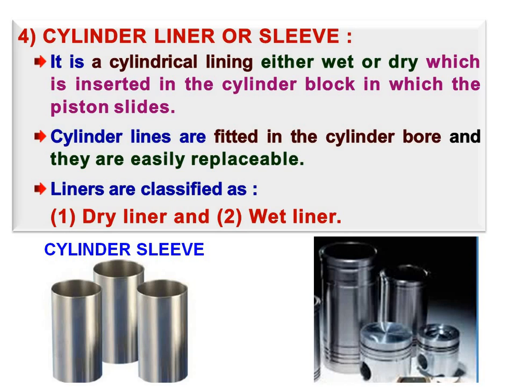So if our engine is a 4-cylinder 4-stroke engine, then there may be 4 cylinder bores, and in the 4 cylinder bores we have to insert either 4 cylinder sleeves or 4 cylinder liners. Cylinder liners are fitted in these cylinder bores, and they are easily replaceable.